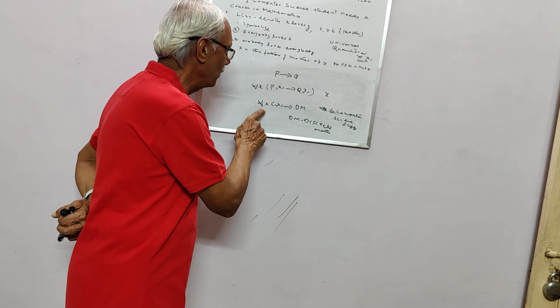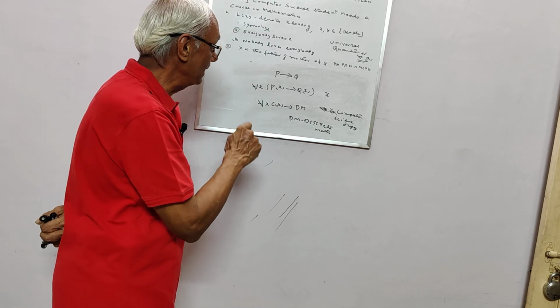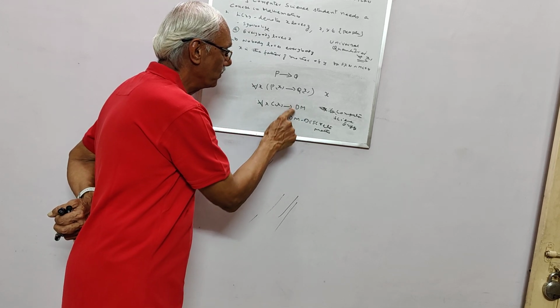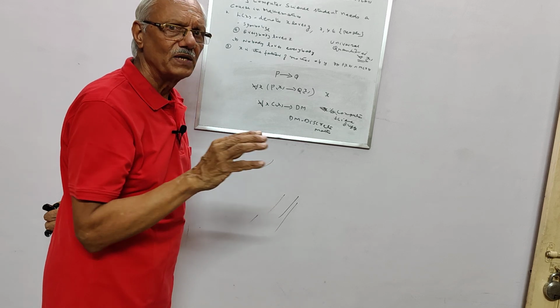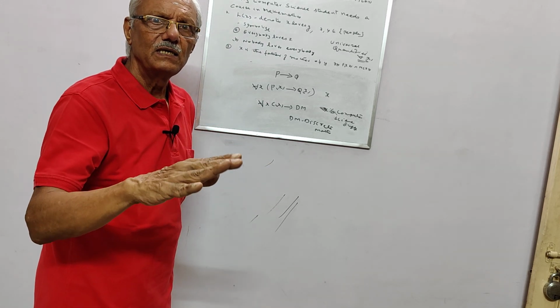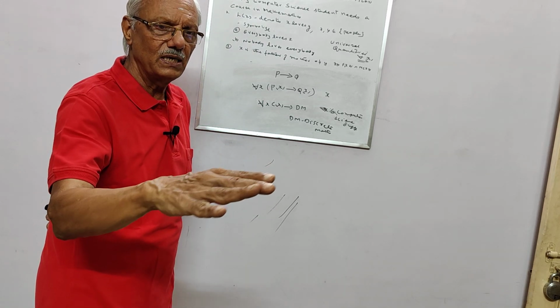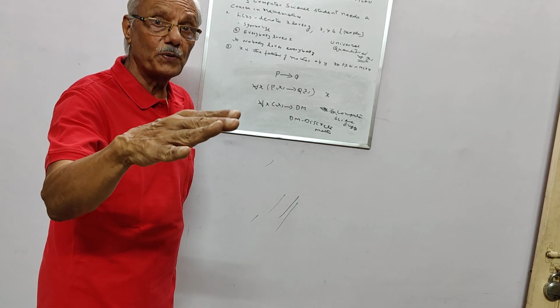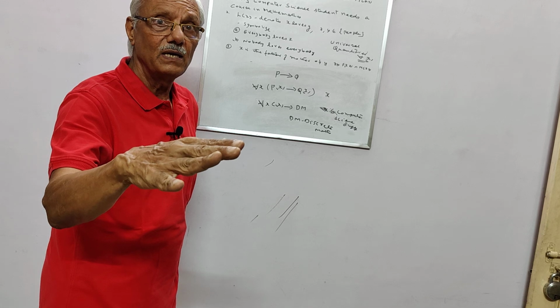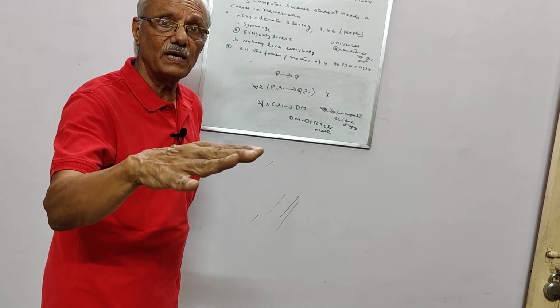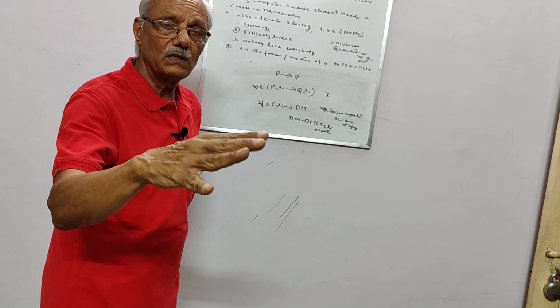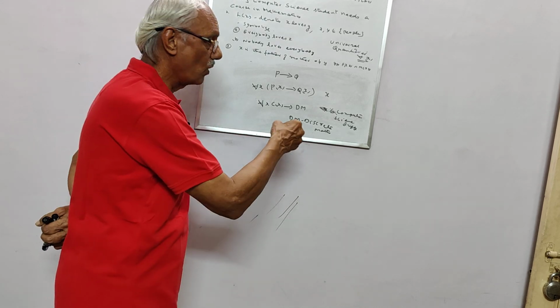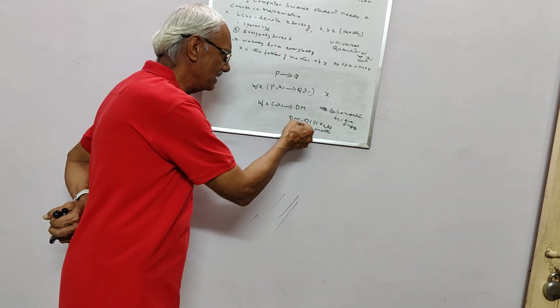So this means that for all x, and you must know that here this is not a propositional function, this is only a statement. A computer science student studies discrete mathematics. So that is a proposition, not a predicate, it does not come under this. This is a plain statement.